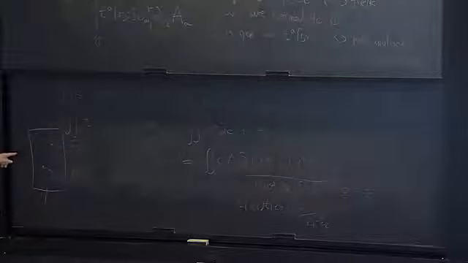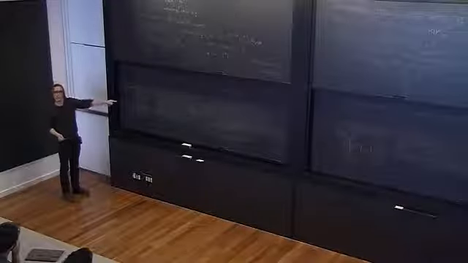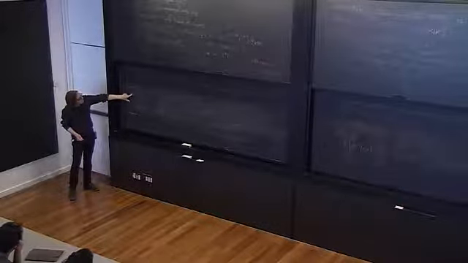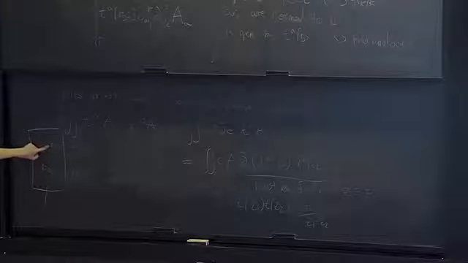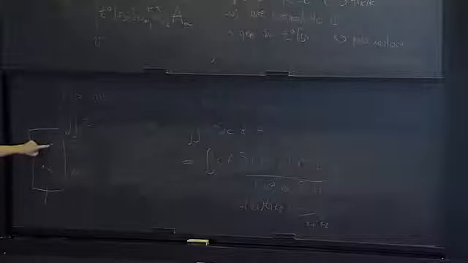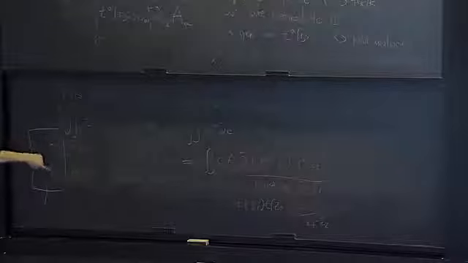Here, I suppose, another way to think about this is that for this diagram, I could introduce a point splitting regulator where this point was not allowed to go too close to that point, and study the anomaly in the presence of that point splitting regulator, which will be the contour integral around a circle.